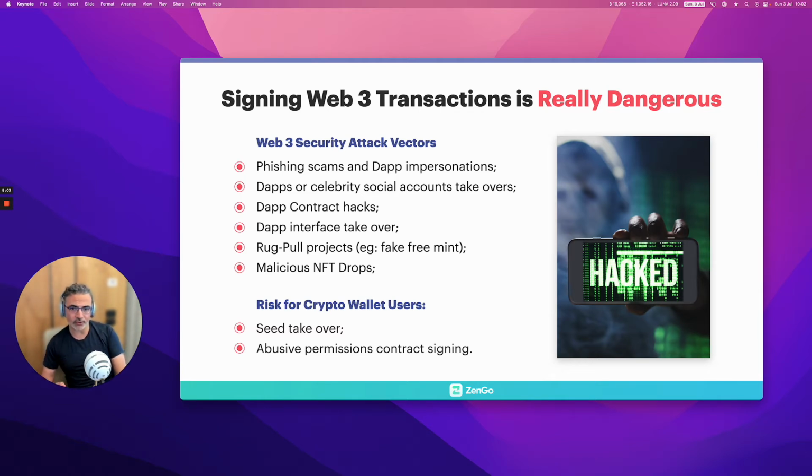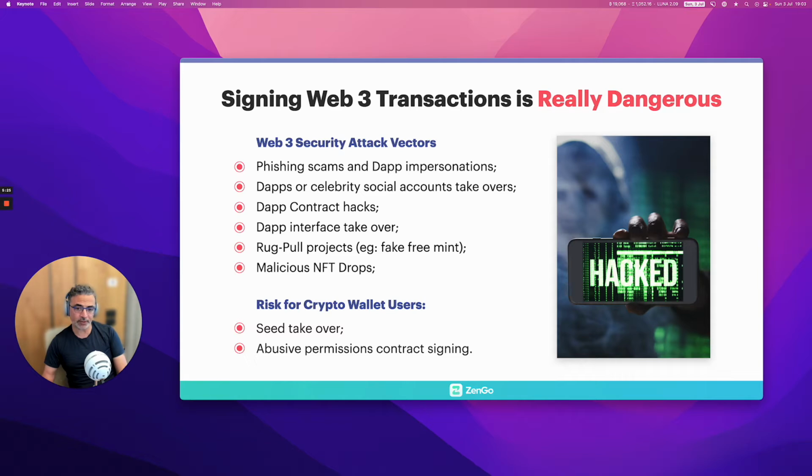OpenSea, for example, just had a major security breach, and you can expect that there is going to be a lot of phishing emails asking you to interact with the wrong OpenSea. A Dapp or a celebrity social account can be taken over. That has happened with many apps, whether this is Yuga Labs and Bored Ape and Beeple and many others.